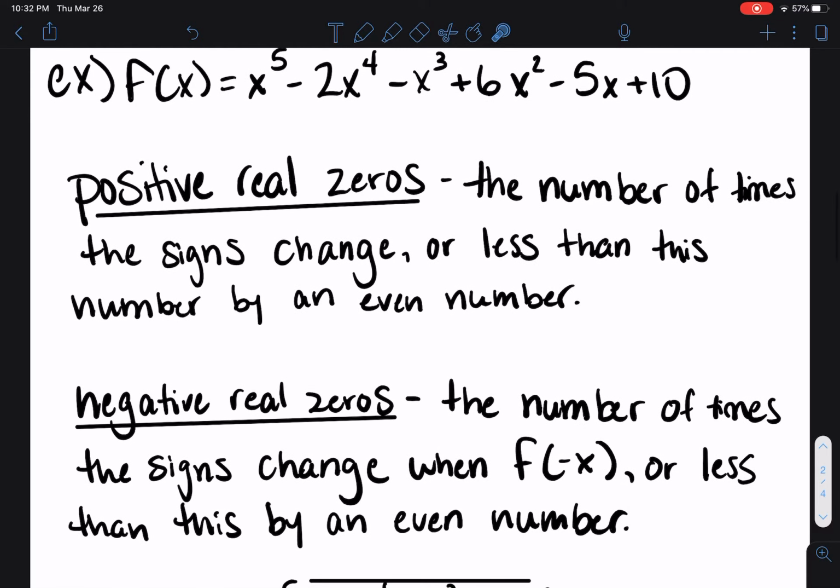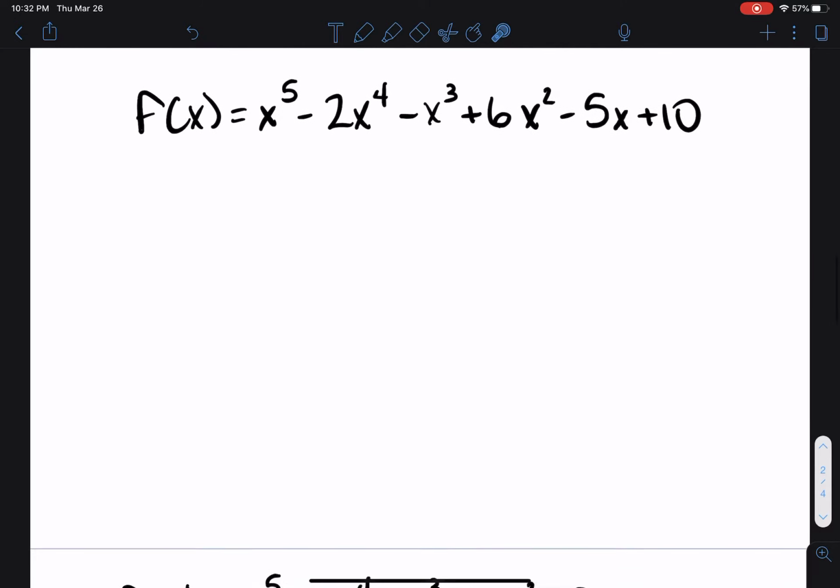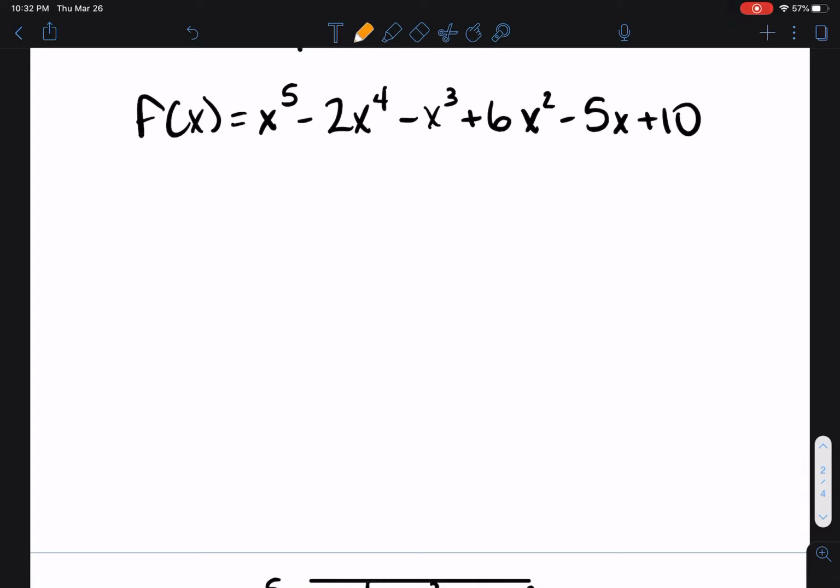If we wanted to look for the positive real zeros, we would use f of x, and we're going to look at how many times the signs change. From here to there, do our signs change? Our signs in front of our coefficients. We have a coefficient there and a coefficient here. Do the signs change? They do, because it goes from a positive 1x to the fifth to a negative 2x.